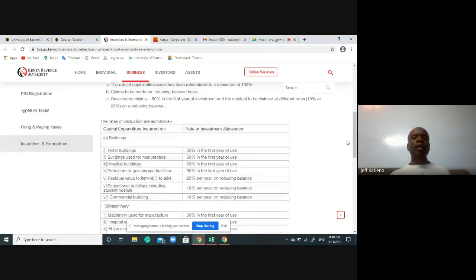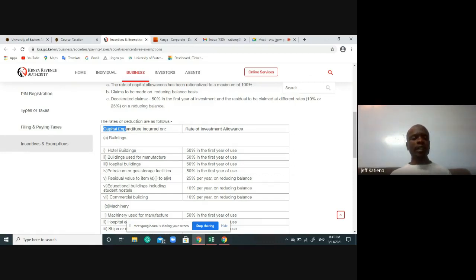If you look at capital expenditure, just like I was telling you, this investment allowance or incentive is basically applying to capital expenditure, which means expenditure of capital nature, not revenue expenditure. For those of us who've done accounting, we know this: capital expenditure and revenue expenditure.